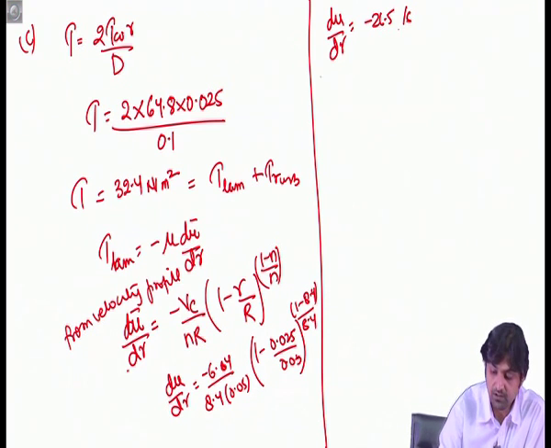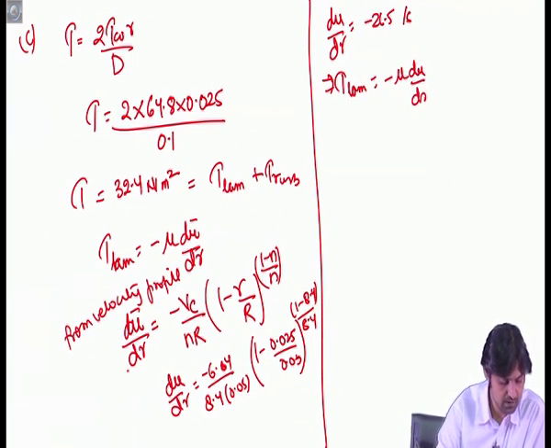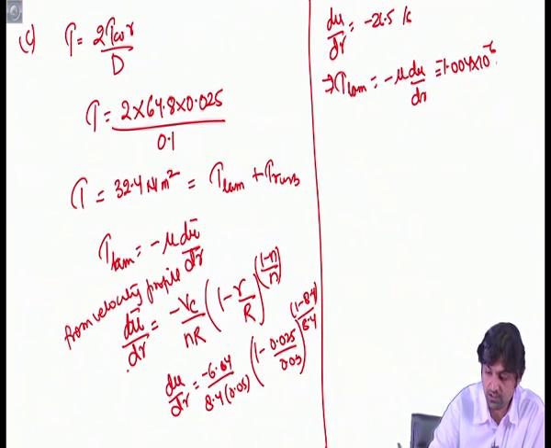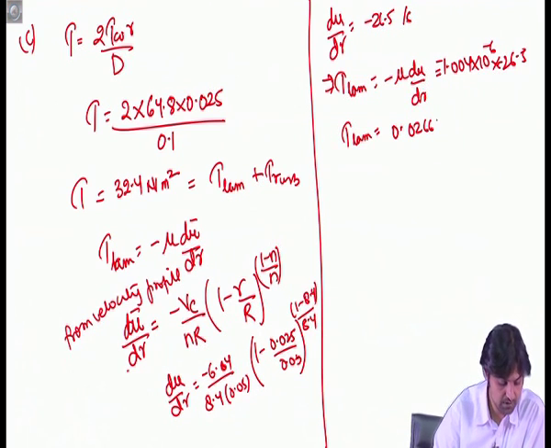Therefore tau laminar will be minus mu du by dr, and that comes out to be minus mu, which is 1.004 into 10 to the power minus 6, into 26.5. So tau laminar is coming out to be 0.0266 Newton per meter square.